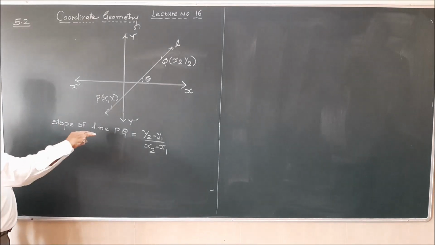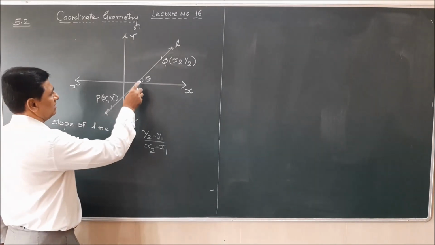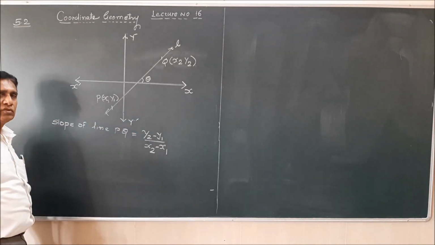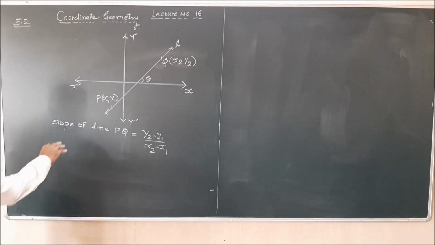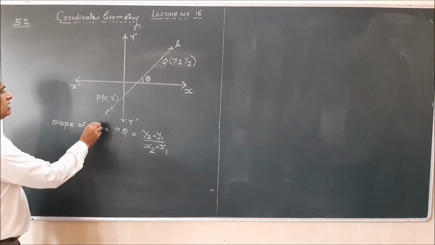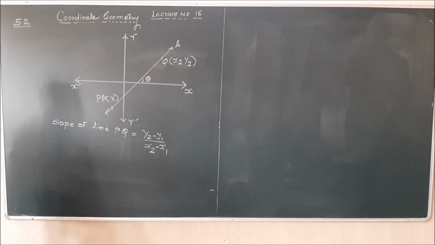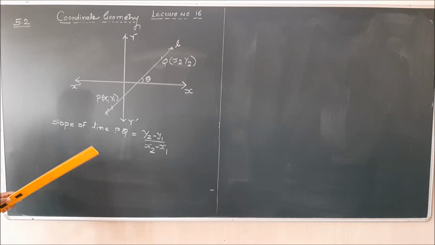And the slope of this line will be positive, the reason being that angle theta is an acute angle. So slope of line PQ is equal to y2 minus y1 upon x2 minus x1.